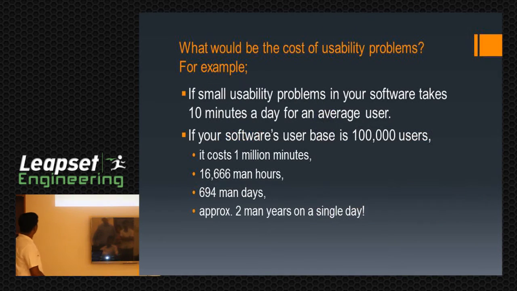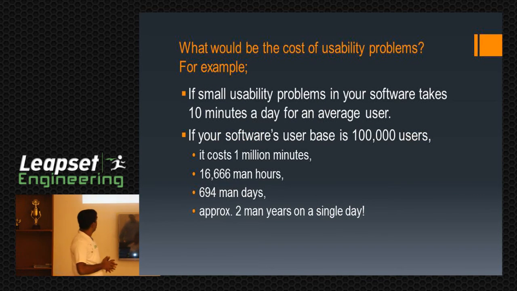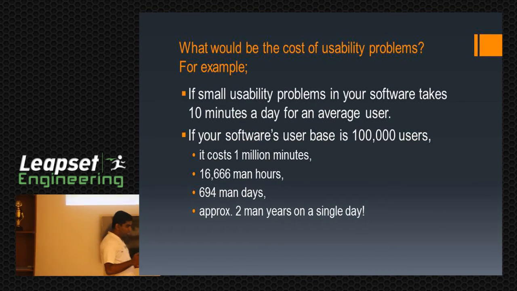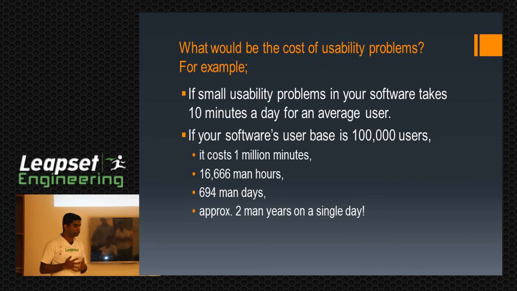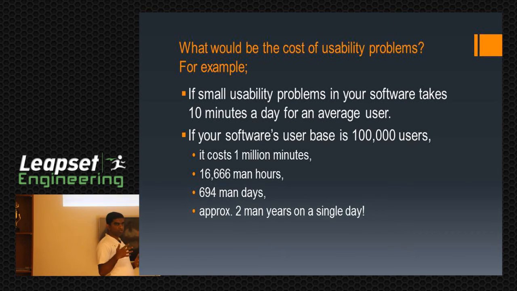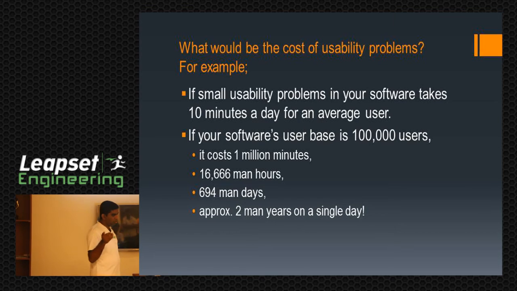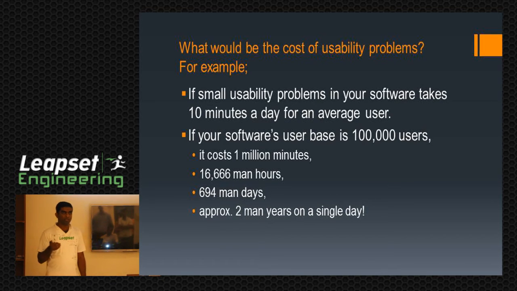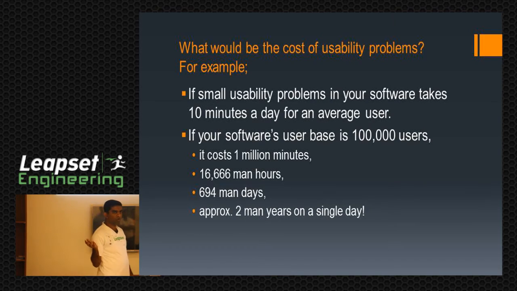Let's say your software costs users 10 minutes a day for regular use, and your user base is 100,000 users. If your software wastes 10 minutes a day, it costs approximately 2 man-years per day for your whole user base.